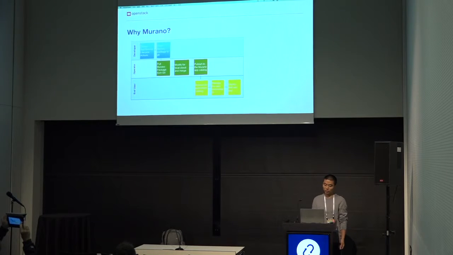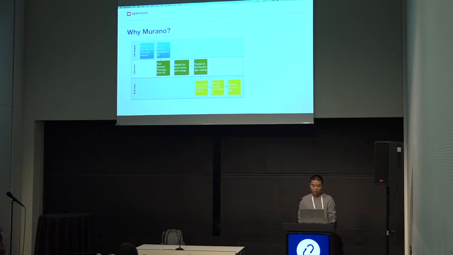The operator can pull the Murano package from the Git, and then modify some local cloud, image, and configurations, and push them to the Murano application catalog. The end users can just browse the application catalog and deploy from the dashboard or the CLI. They can deploy the apps with one click.